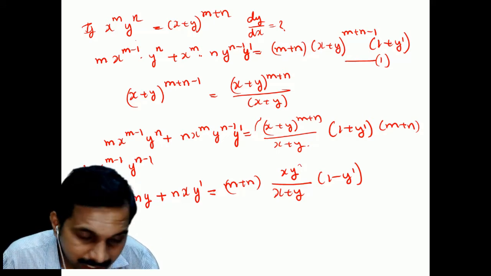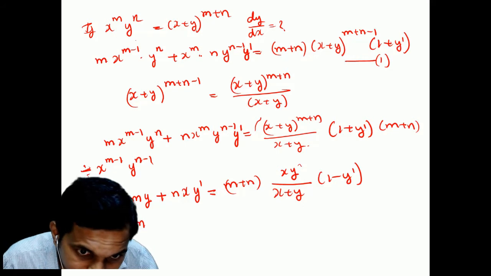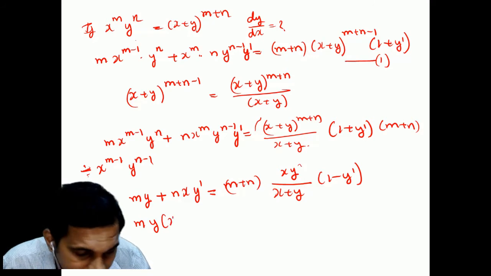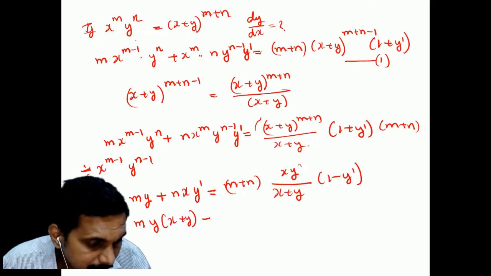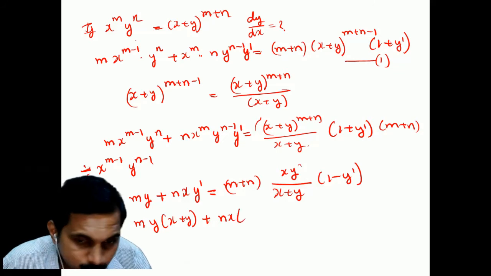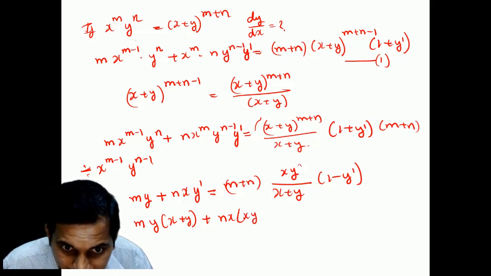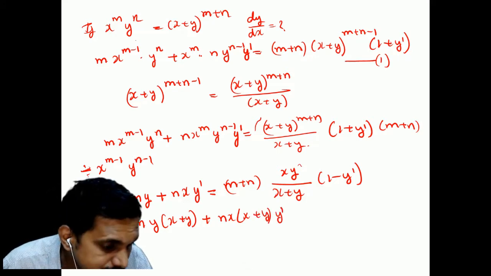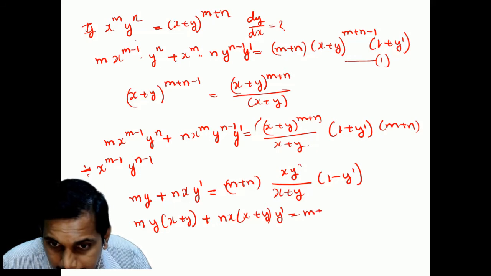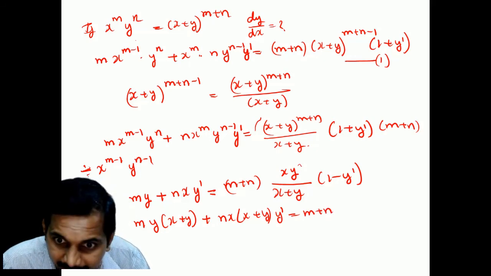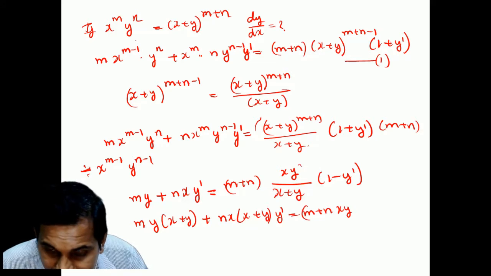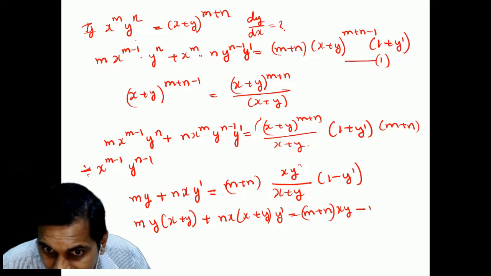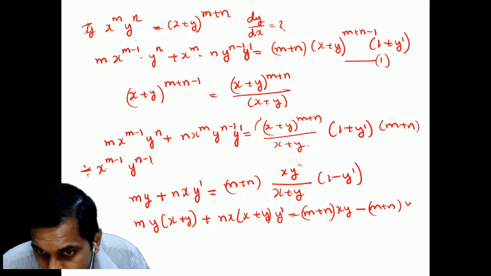So here we can take out from the whole thing, I can write this as my into x plus y plus nx into x plus y, sorry, nx into x plus y into y dash, is equal to m plus n into xy, m plus n into xy minus m plus n into y dash.